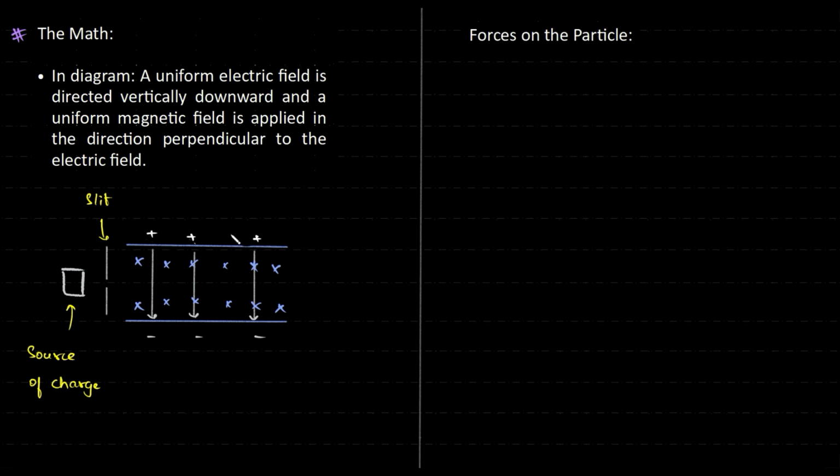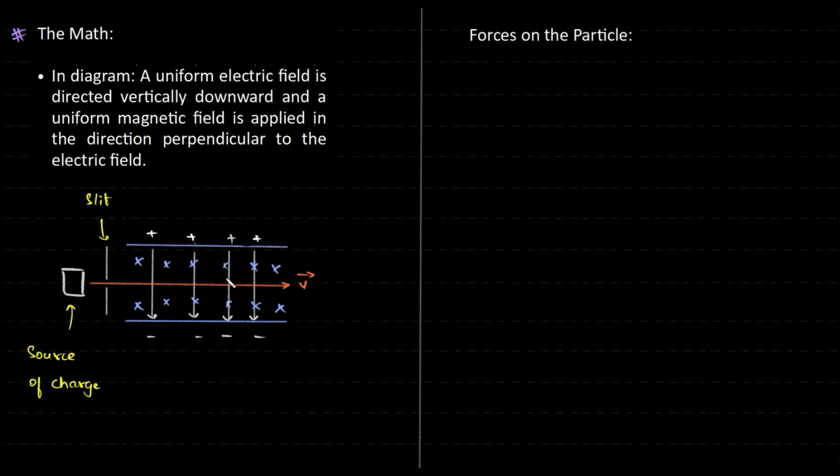So we have positive and negative charges, and I think one more electrical field line will be helpful. Okay, now it looks okay. So we have a source of charge, we have a slit, and we have the particle going from one end to another end, with a particular velocity.